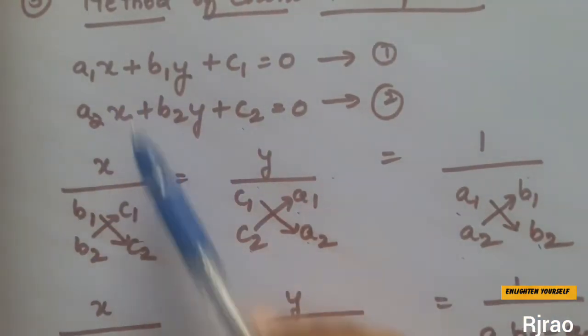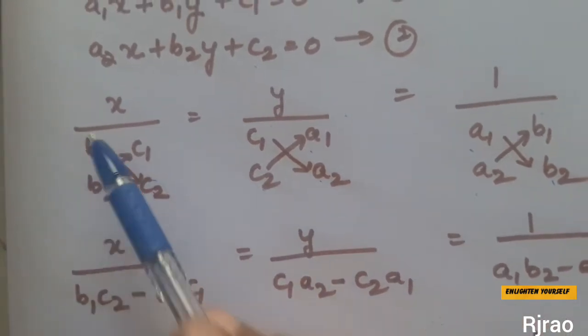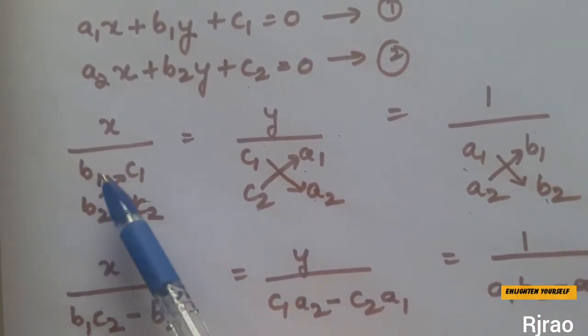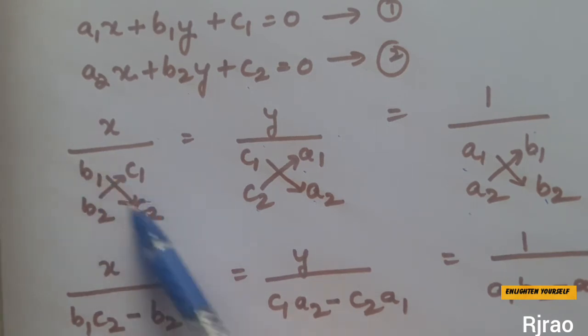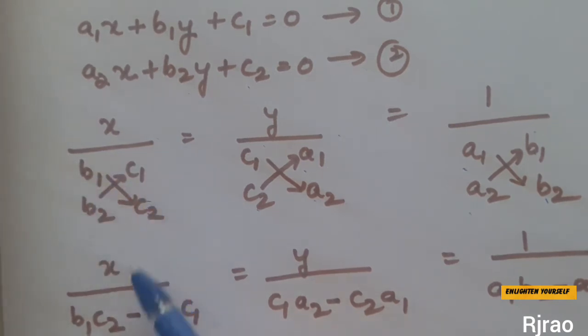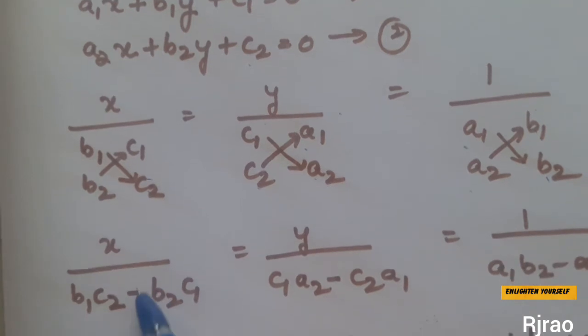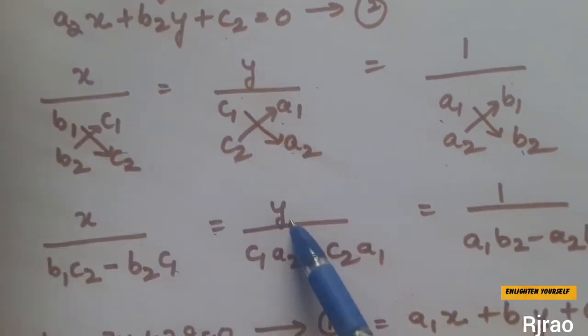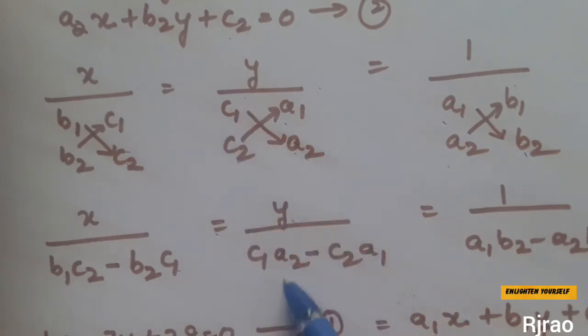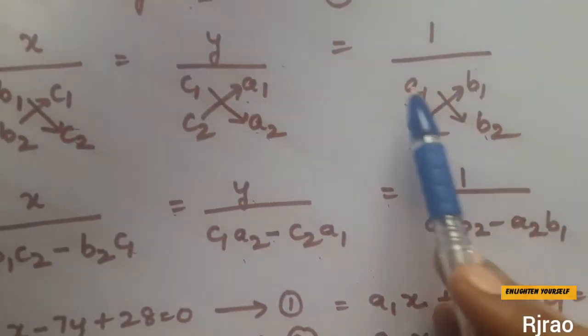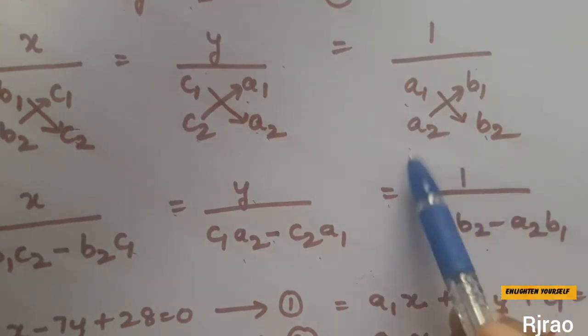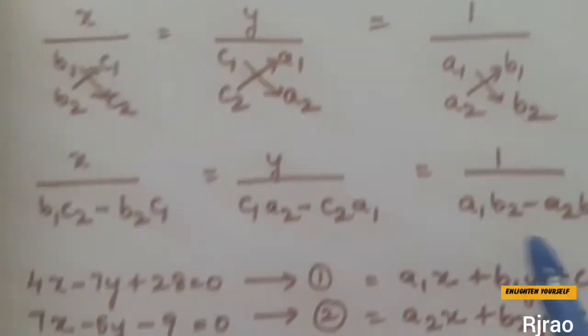Cross multiply: b1 into c2 minus, in between we take minus, b2 c1, is equal to y by c1 a2 minus c2 a1, is equal to 1 by a1 b2 minus a2 b1.